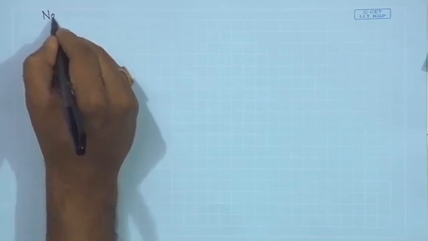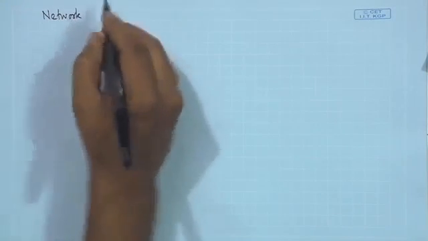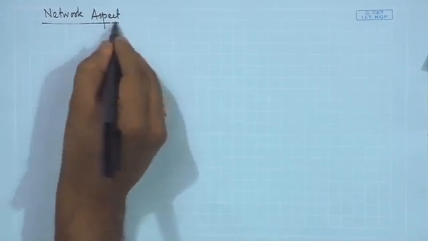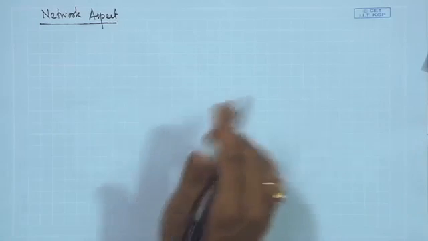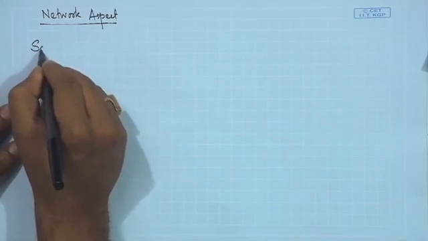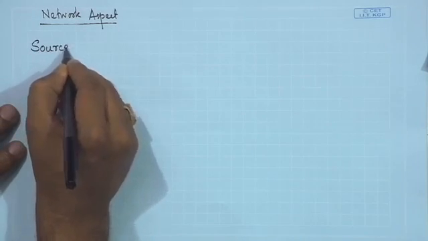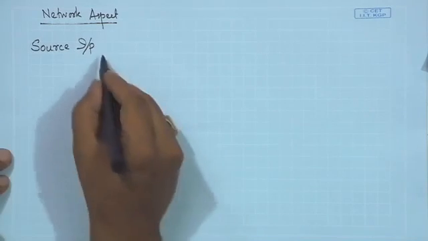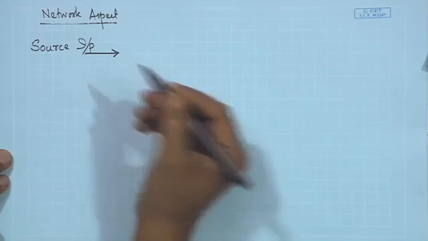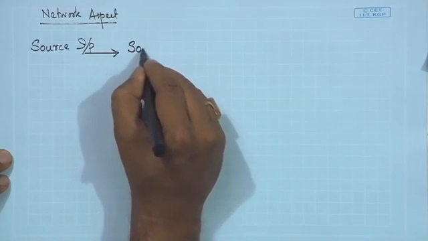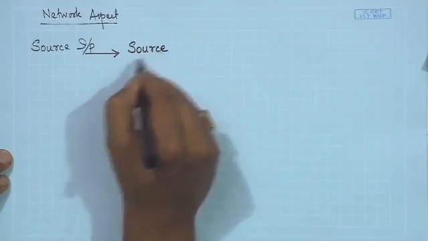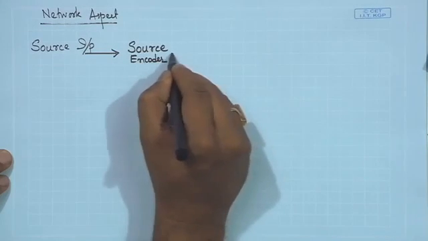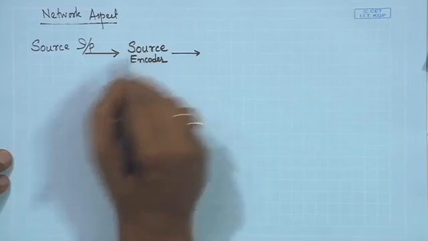If we take the network aspect probably only once, just to complete the story, in a similar way we have the source input, that's what we have been doing. The source input goes into the source encoder, whose block diagram we have discussed, and we will go into each detail of the source encoder blocks later on.